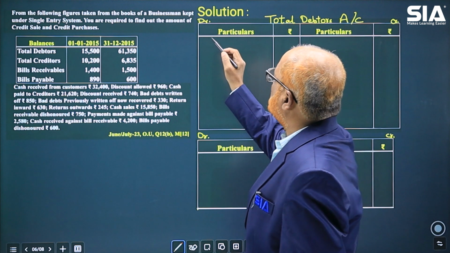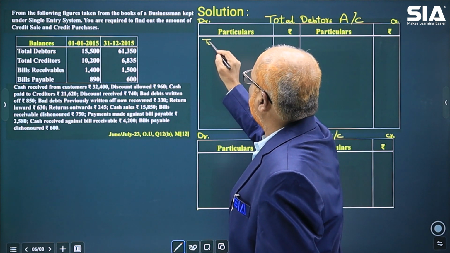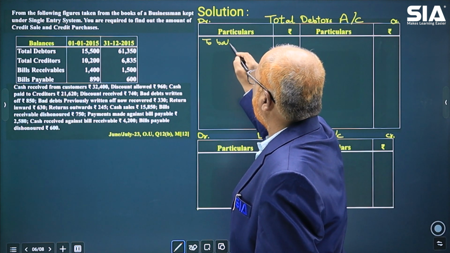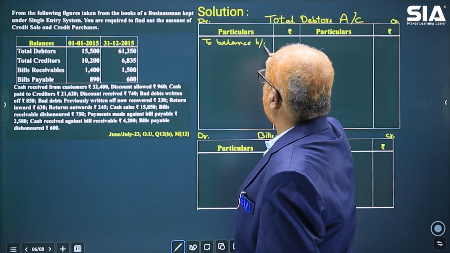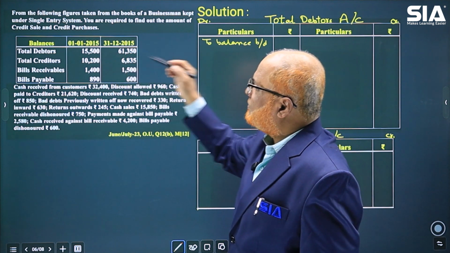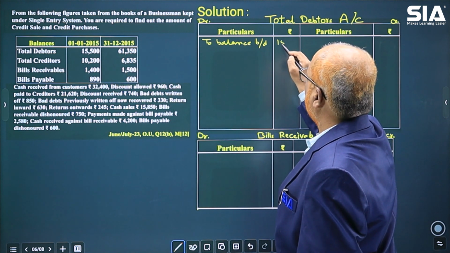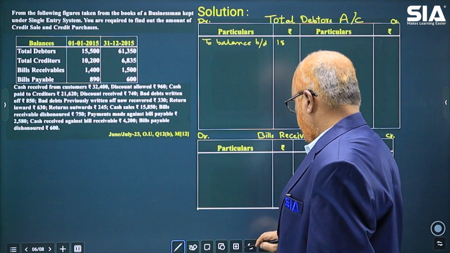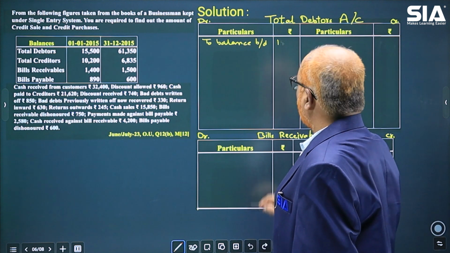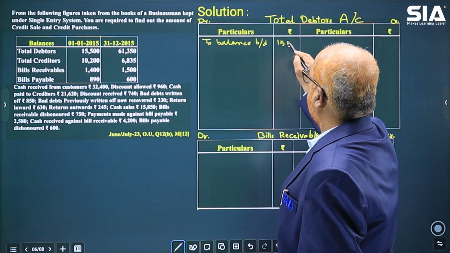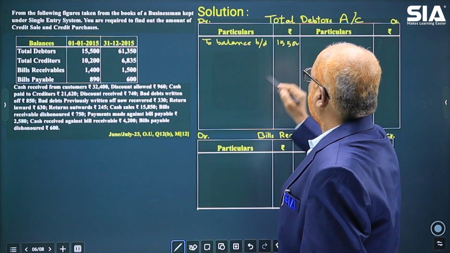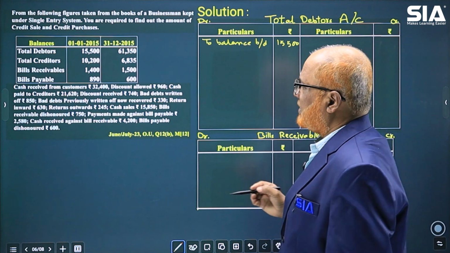Remember, debtor is an asset and all assets will show debit balance. So debit side you should take here, to balance brought down, beginning of the year 15,500.